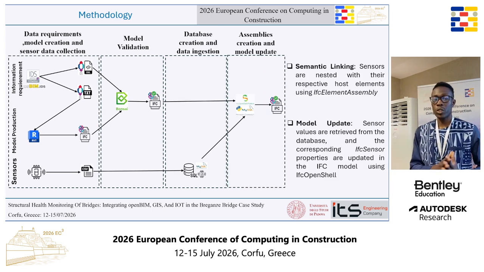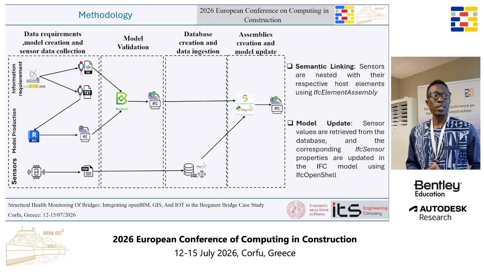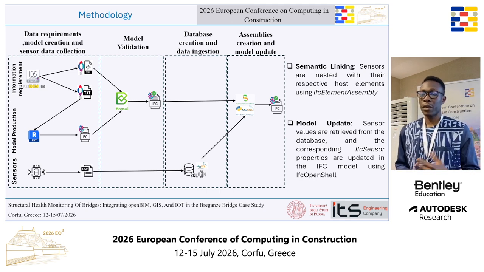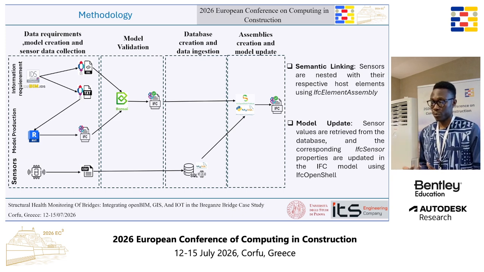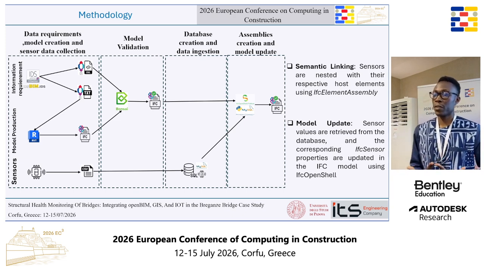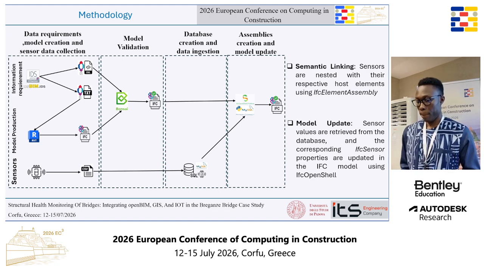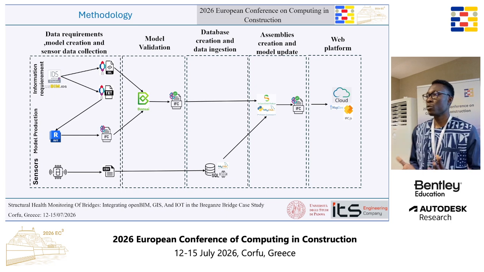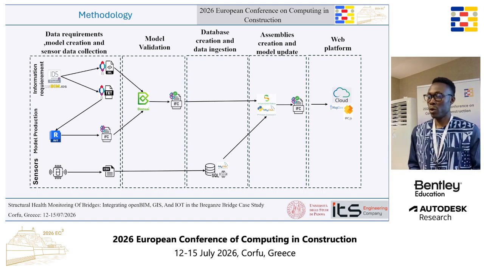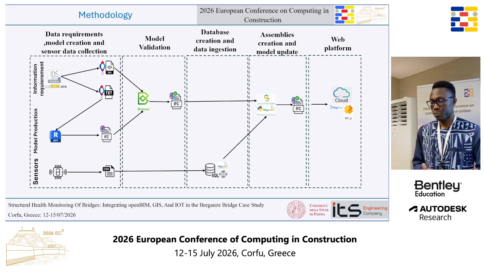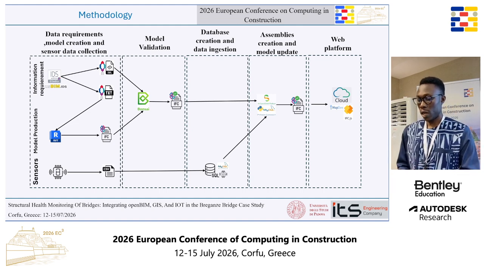Then, moving to the fourth step, we link the sensor with the host using IfcElementAssembly, and we retrieve the data within the database and update the different sensors. Finally, we develop a web-based platform which enables us to visualize the model within the open source library MapLibre and using IfcGIS also.